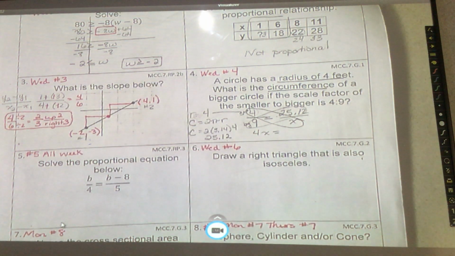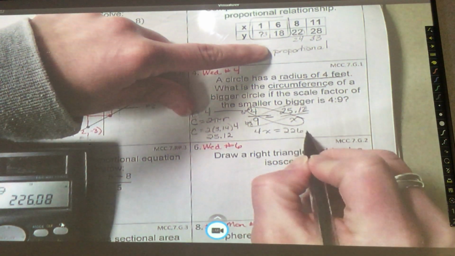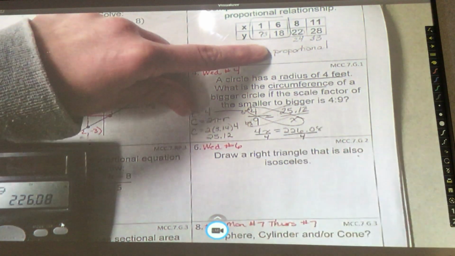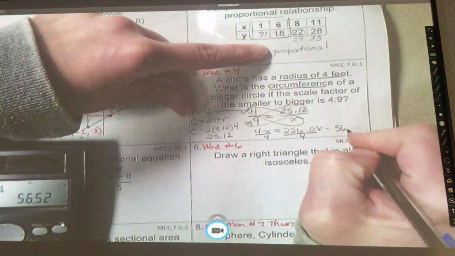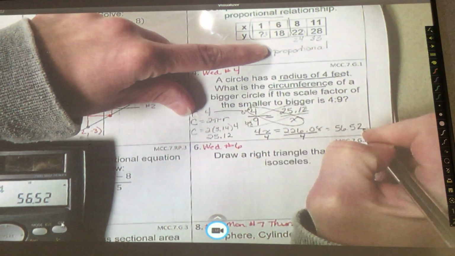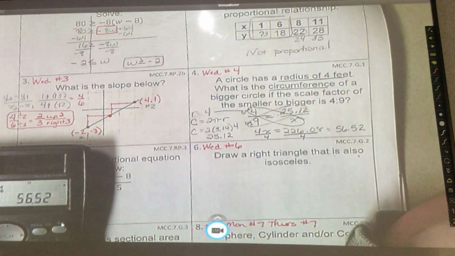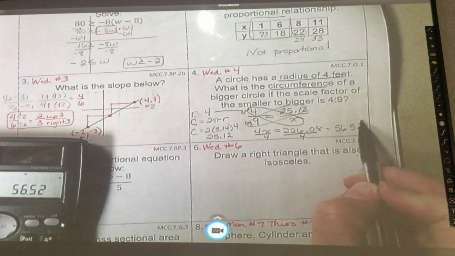Does that make sense? So I've got 226.08 divided by 4, divided by 4, and I get 56.52. Did you guys get something close to that? Yeah, we got 0.54. You might have 5.4. Okay, this is your answer.